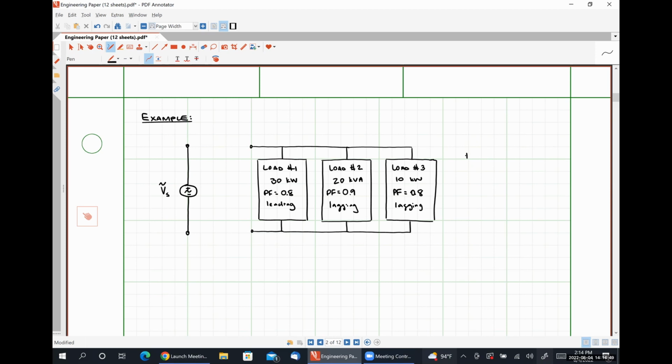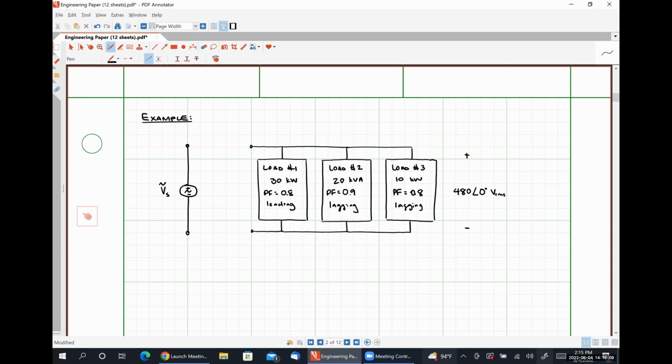And we can measure the voltage drop across our 3 industrial loads connected in parallel. And in doing so, we observe that the voltage drop across them is 480 angle 0 degrees volts RMS.